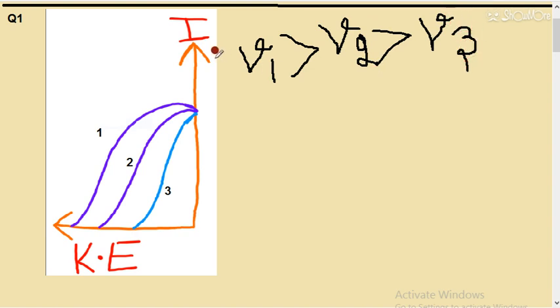So this will be the expression for frequency: mu1 greater than mu2 greater than mu3.